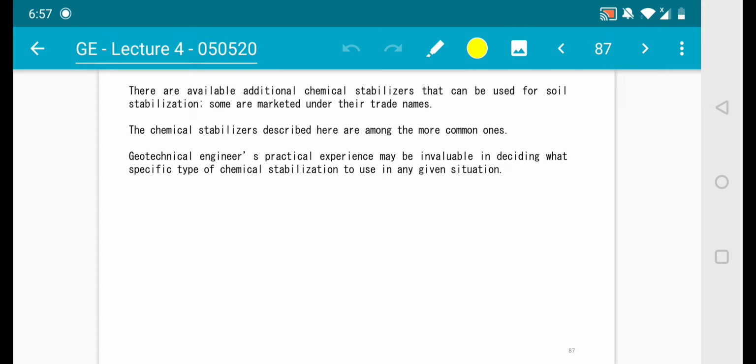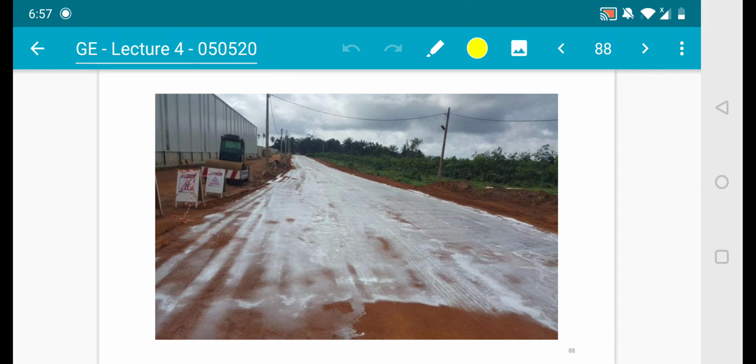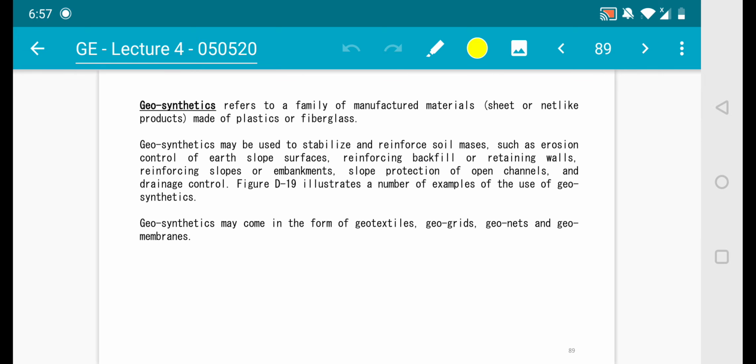The most important statement here: geotechnical engineers' practical experience may be invaluable in deciding what specific type of chemical stabilization to use in any given situation.